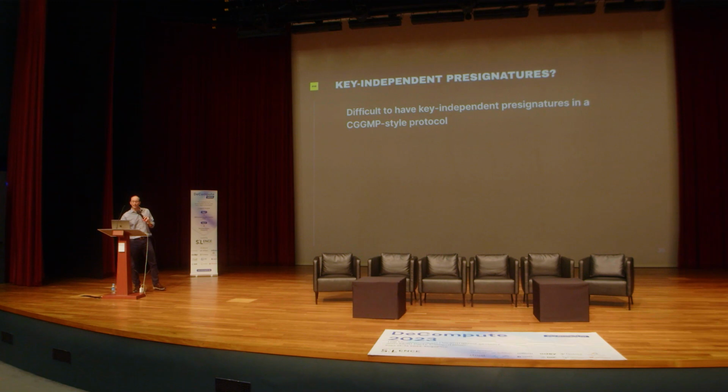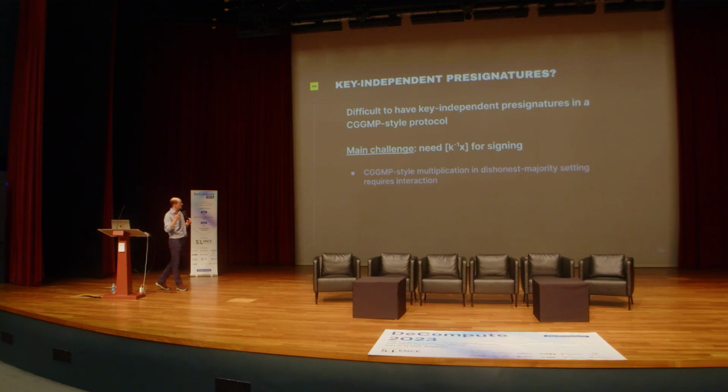Now, I will point out that it's difficult to have key-independent pre-signatures in a CGGMP-style protocol. This is related to the fact that you need, somewhere along the line, K inverse X for signing, at least for the CGGMP protocol, which is tying together the preprocessed value of K with a particular key share or a particular private key, X. If you try to do that during an online phase, the problem is that the multiplication, or at least CGGMP-style multiplication, in a dishonest majority setting seems to inherently require interaction.